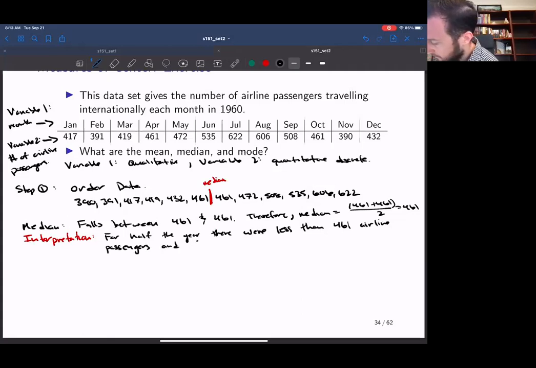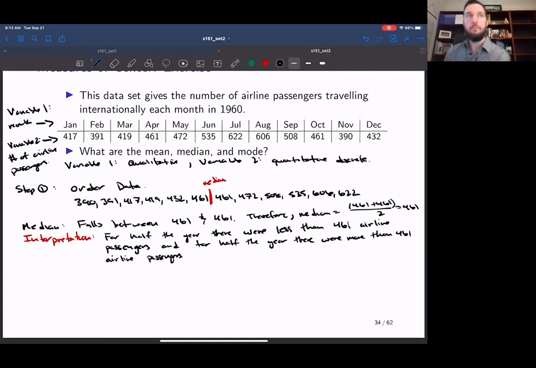And for half the year, there were more than 461 airline passengers. Okay.